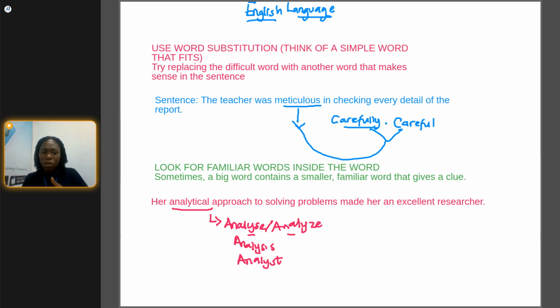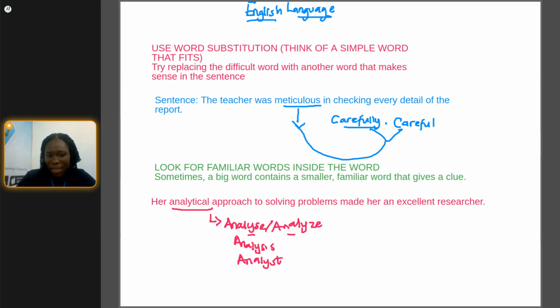And every one of those words, analyze or analysis or analyst, already has something to do with examining or breaking something down so that you can understand in detail. So when you now talk about analytical, you are wondering, how does this familiar word help you determine, or give a clue to, your big word analytical?